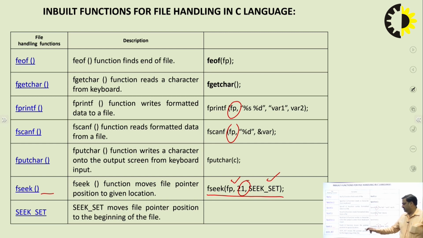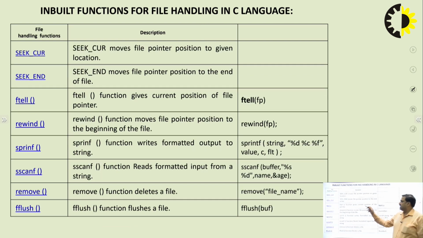SEEK_SET moves the file pointer position from the beginning, like in this example, 21 bytes from the beginning. SEEK_CUR means from the current byte, how many bytes we want to move. SEEK_END moves the file pointer position to the end of the file, and then the number of bytes from there.